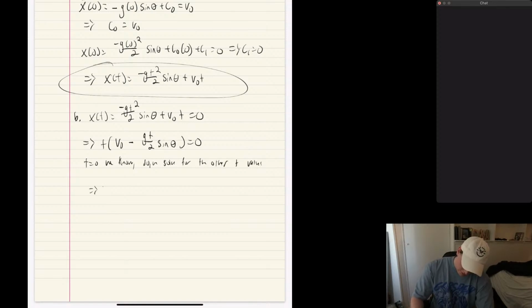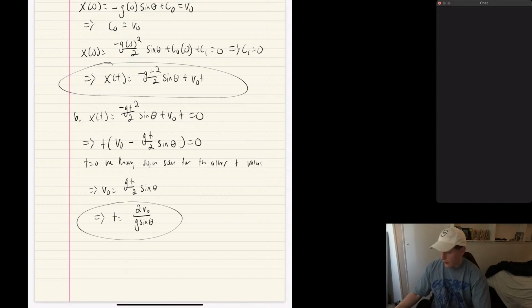So we have v0 is equal to gt over 2 sine theta. And then just rearranging this would be t is equal to 2 v0 over g sine theta. Is that right? Yep. Cool.